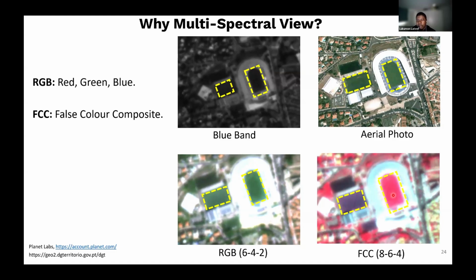That's why here you see a red color for this stadium, but this one appears a kind of blue color. So this helps us to distinguish that this might not be natural vegetation. It could be a synthetic grass pitch. And this is the importance of looking above or beyond the visible and using information in other parts like the infrared or the microwave.